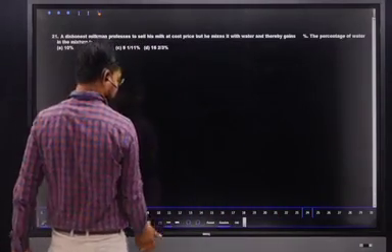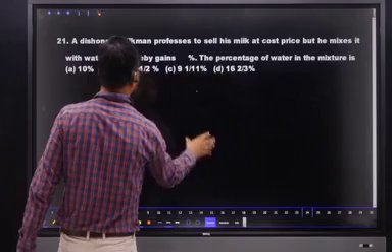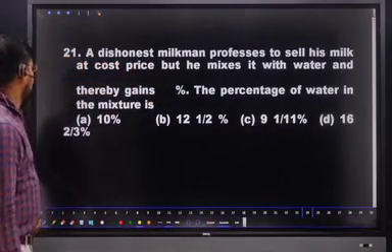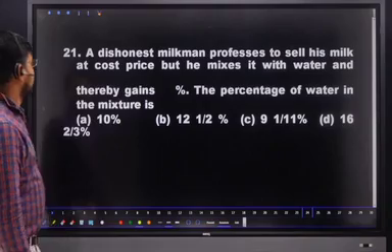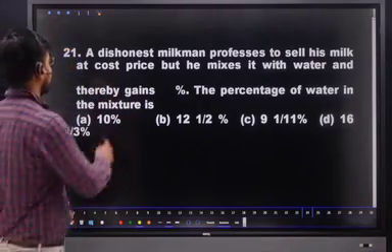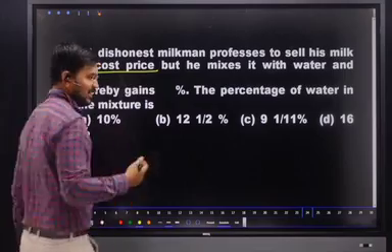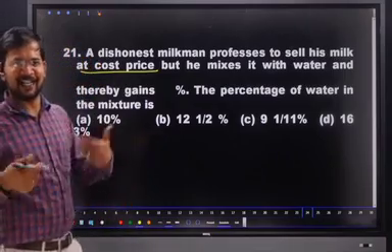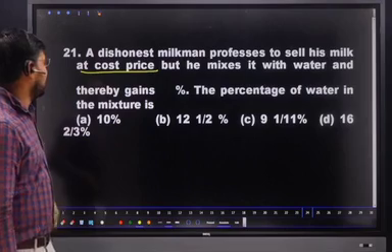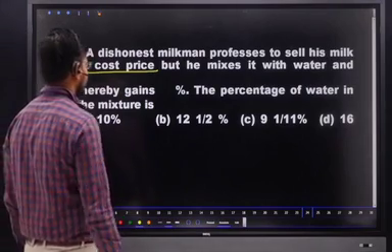The next question is also in a similar way. A dishonest milkman professes to sell his milk at cost price. At cost price, he says, I am selling the milk at cost price itself. But he mixes it with water, thereby he gains some percentage.